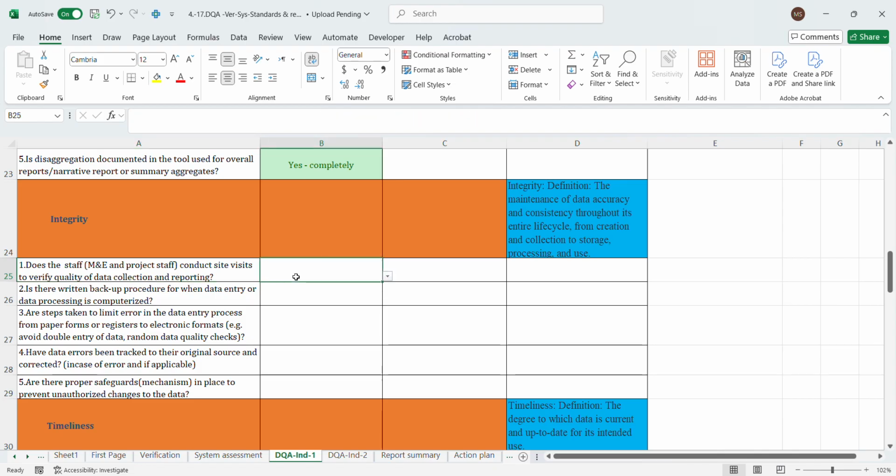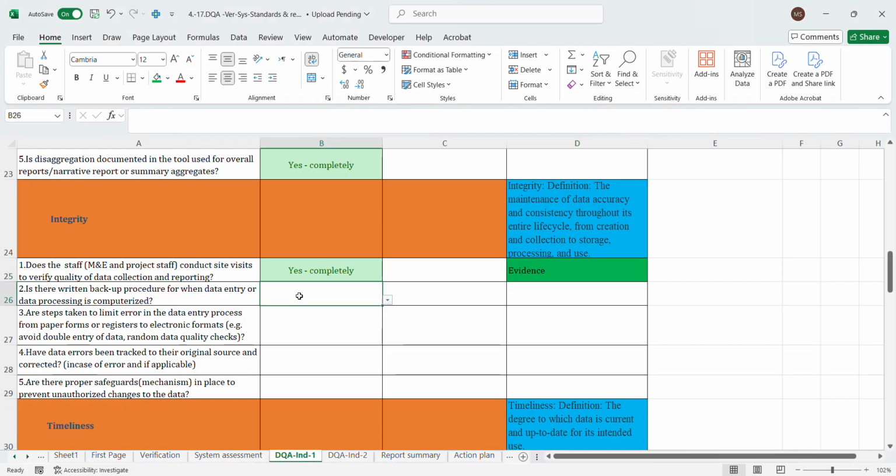If we have evidence for that, if there is a field report or something like that that verifies site visits have been there and the quality of data and reporting were checked, we can say yes completely. As usual, we have to base it on evidence. Evidence is needed. Always look for evidence for our selection.